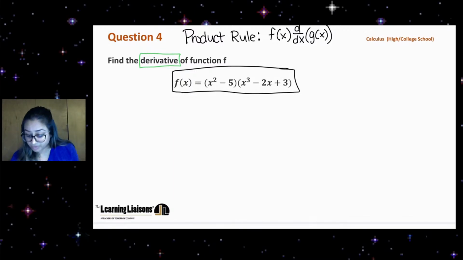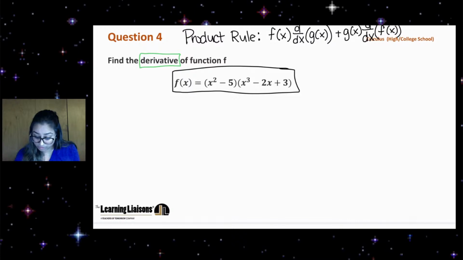Then we'll take g of x by itself and the derivative of f of x. And that will give us what we're looking for, right? So let's go ahead and figure it out.